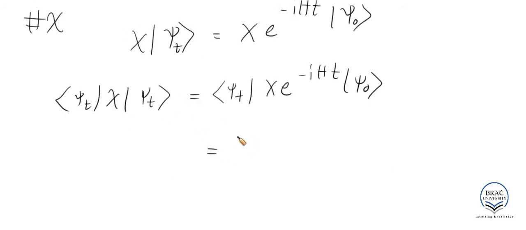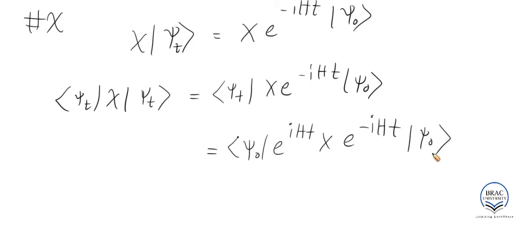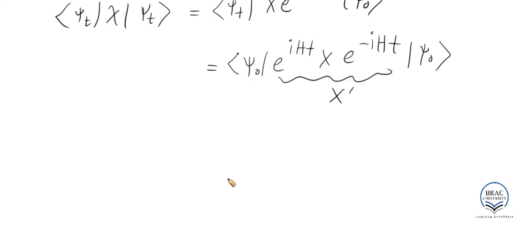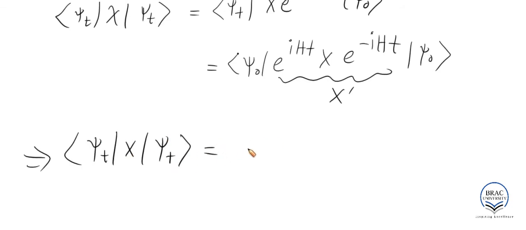So if you do that, that will be e to the power i H t x e to the power minus i H t, and psi 0, and you can call it x prime. So in the end you will have psi of t x psi of t equals psi of 0 x prime psi of 0.